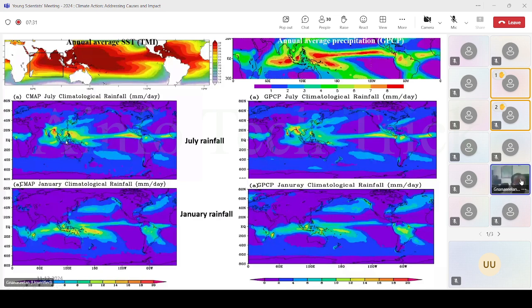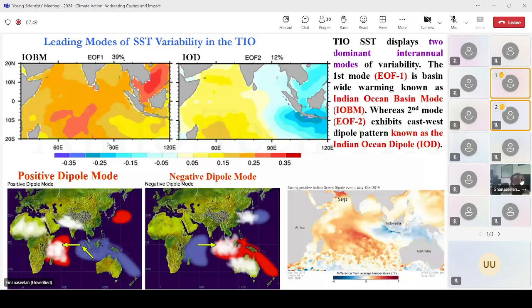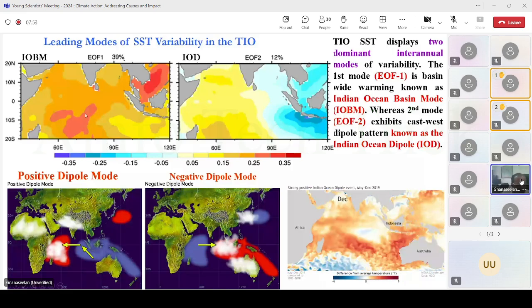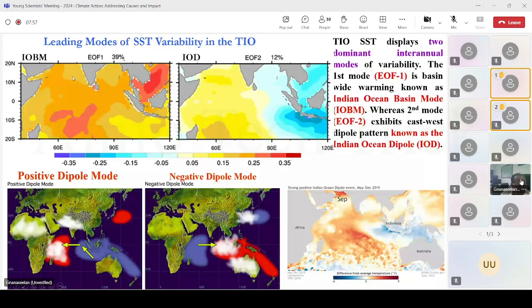Yesterday, Arindam had talked about the changing ENSO pattern, the ENSO monsoon teleconnections and the different mechanisms. Today, I'll be talking about the tropical Indian Ocean variability, mainly the Indian Ocean dipole and the associated mechanisms and teleconnections.